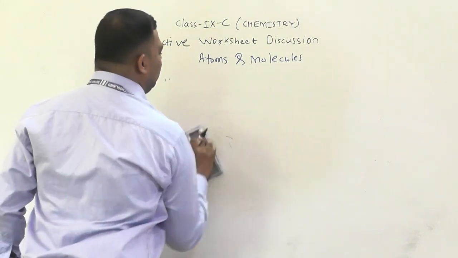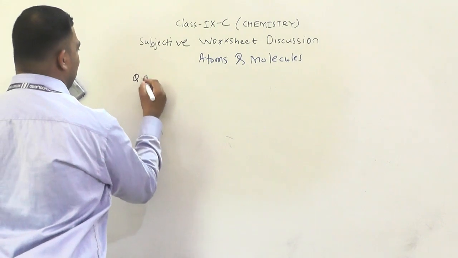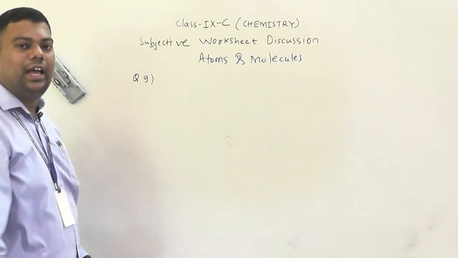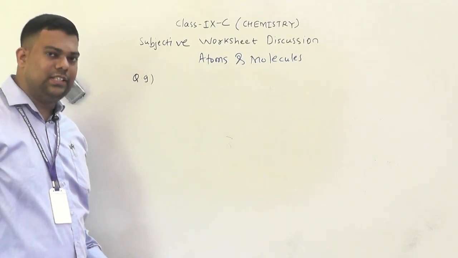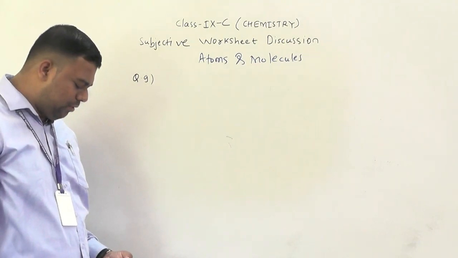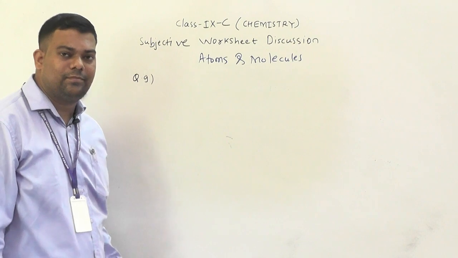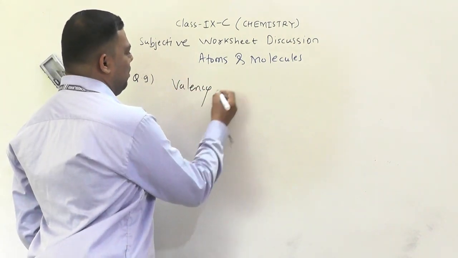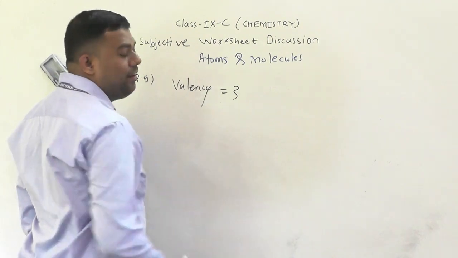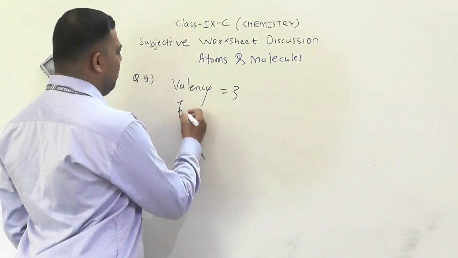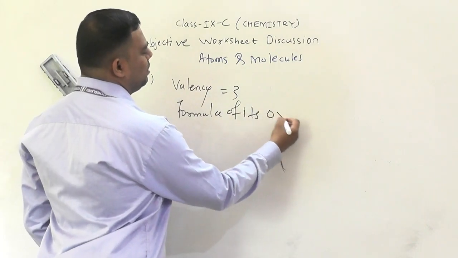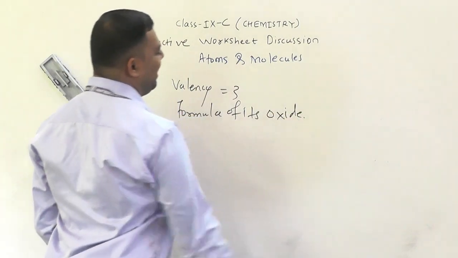Now see, next, question number 9. An element X has a valency 3. Write the formula of its oxide. Valency is 3, and we have to write the formula of its oxide.